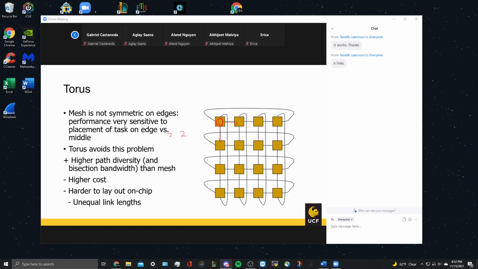And for the middle one, they have 4 connections, which means this switch is 4 inputs and 4 outputs. So we can assume it's a 4x4 switch. For the torus, it's basically the same. The only difference is that the edge routers will probably have 2 more ports. So basically all of these routers should have 4x4 switches.